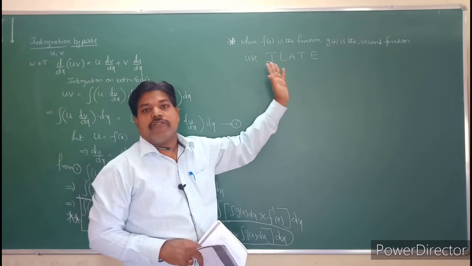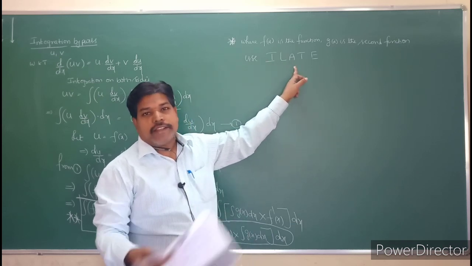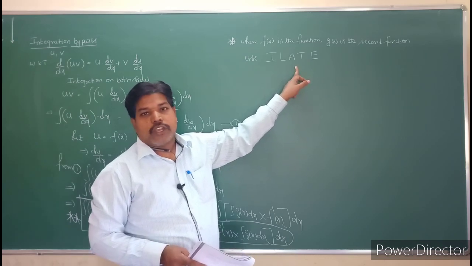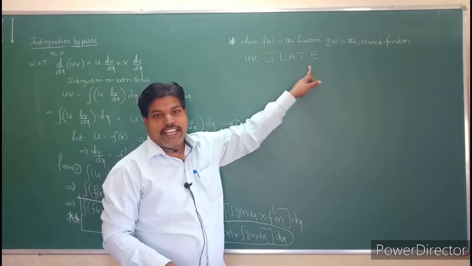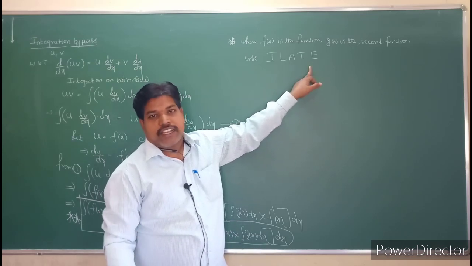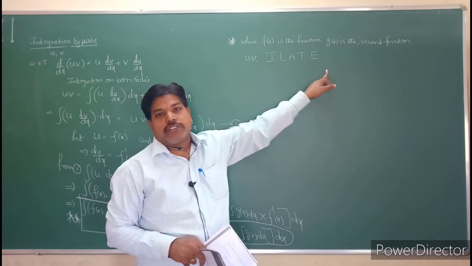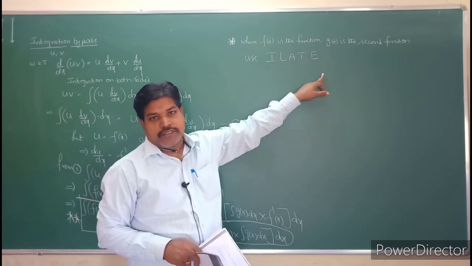Next, algebraic functions, x square, x cube, x square plus 1 whole square. Next, trigonometric functions, sin x, cos x, tan x, secant x, cosecant x. Next is exponential functions, e power x, 2 power x, a power x.